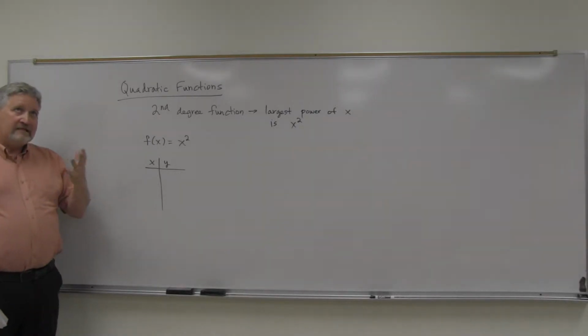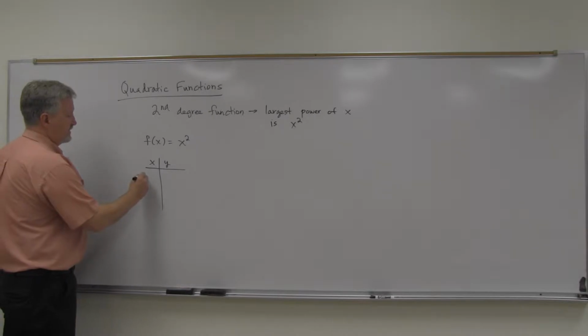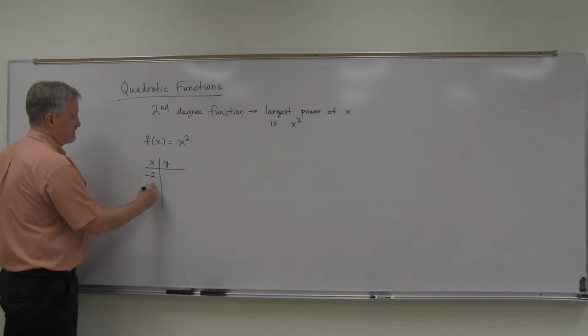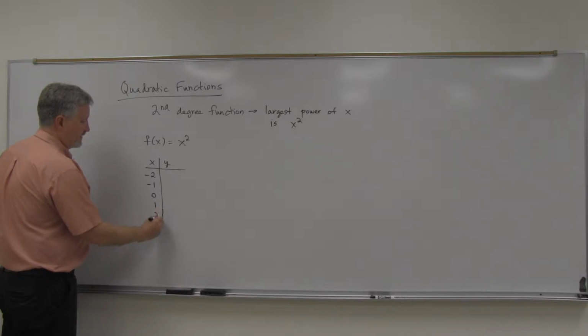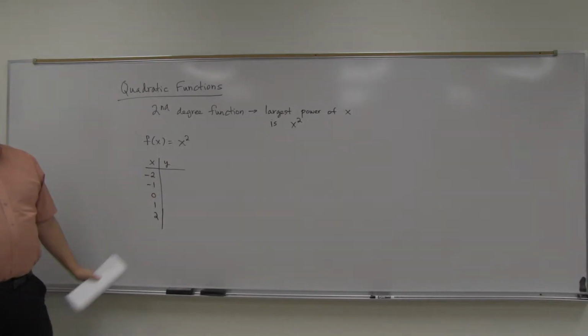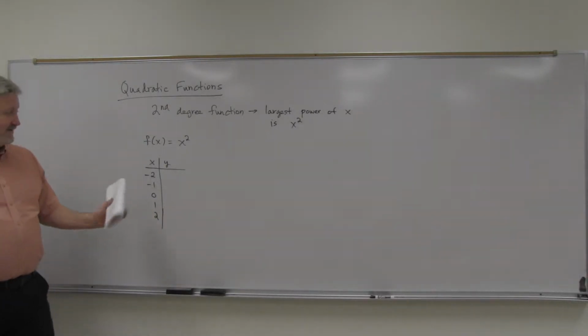I recommend x values from -2 to +2, the integers: -2, -1, 0, 1, and 2. That gives a pretty good idea of what the function looks like.